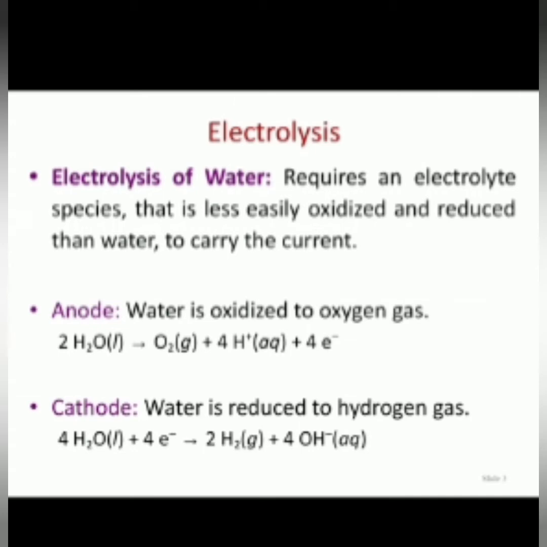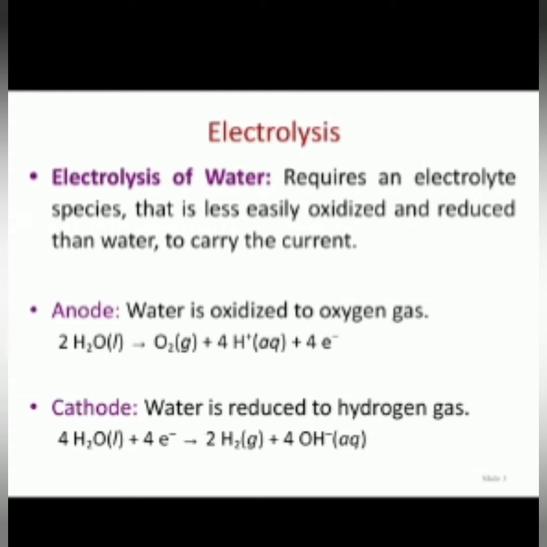As we know, electrolysis of water takes place through anode and cathode reactions. At the anode, water is oxidized to oxygen gas. As per the electrochemical series, the water molecule loses 4 electrons and is converted into an oxygen molecule with 4 H+ ions, and at the cathode water is reduced to hydrogen gas.